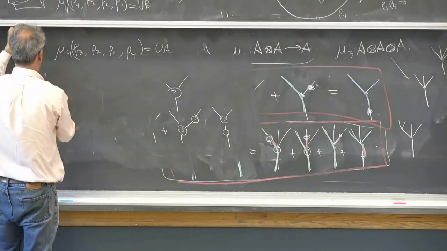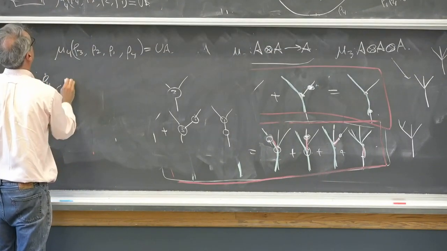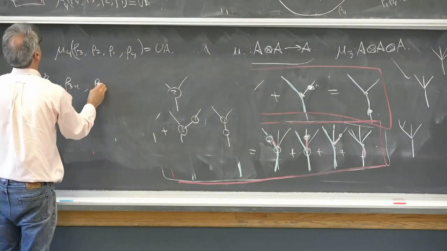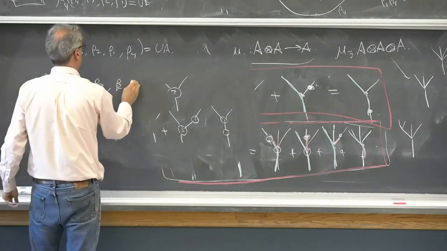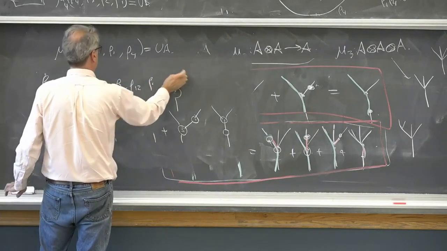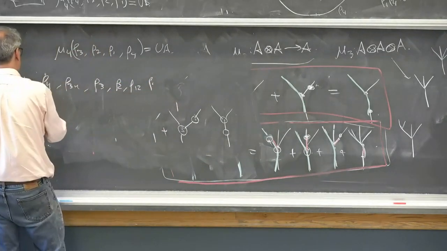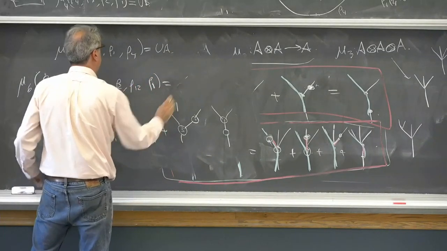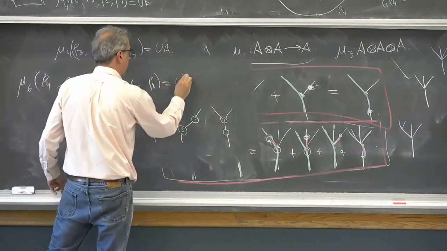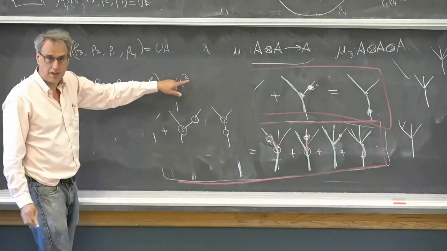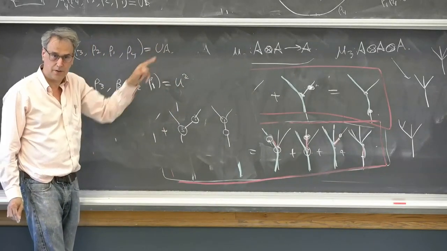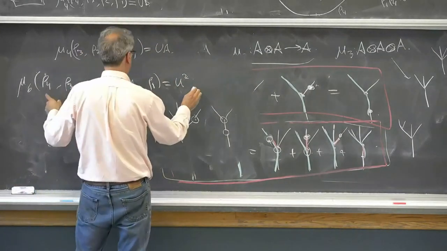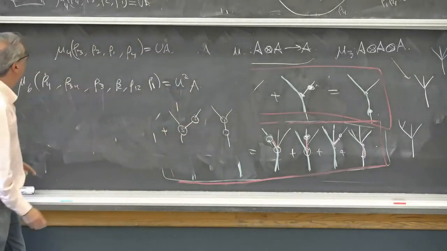You see row 4, row 3, 4, row 3, row 2, row 1, 2, row 1. So there's a mu6. And that spits out now u squared. So the exponent here is the degree of the cover times, again, the left idempotent.